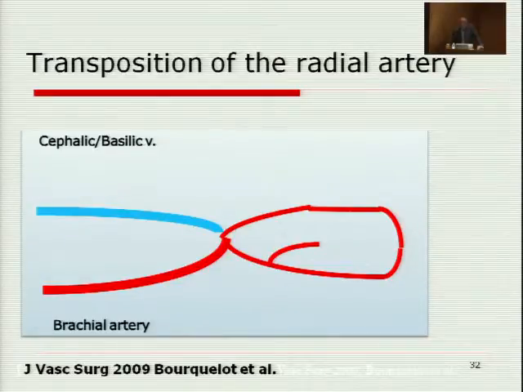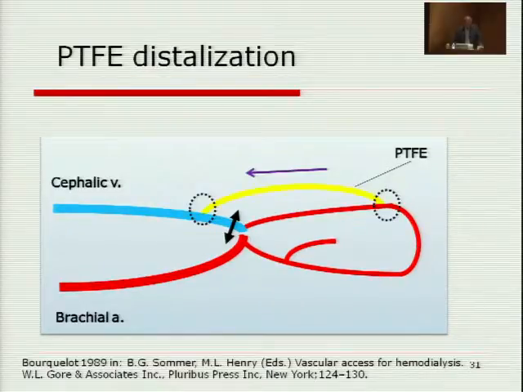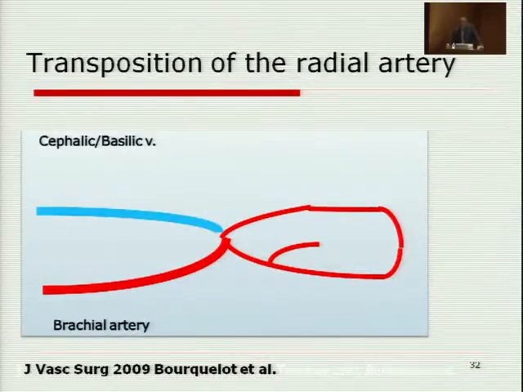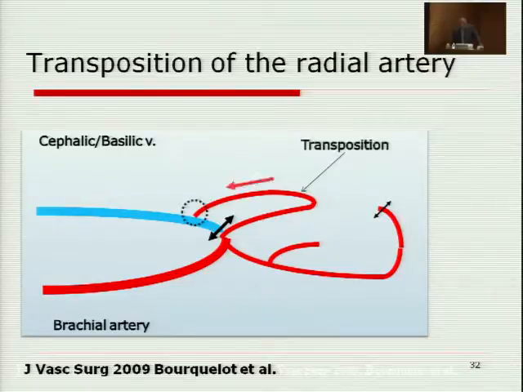I was using that in patients with cardiac problems, and many of them were children, so I decided to replace the PTFE, which is prone to developing stenosis at the venous anastomosis, by transposition of the radial artery, as you see there.